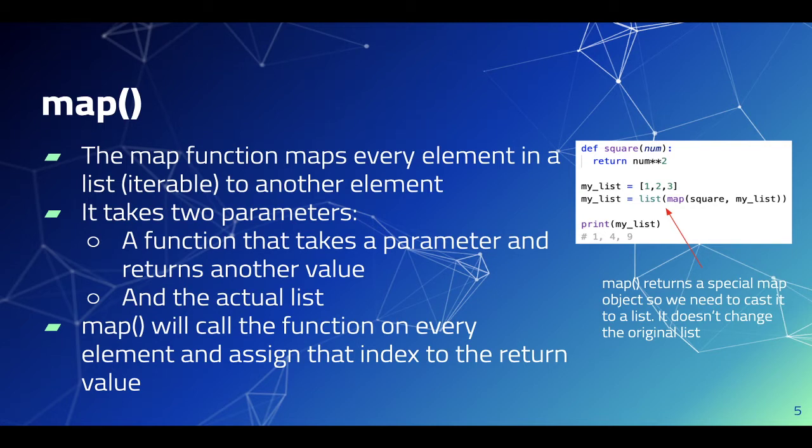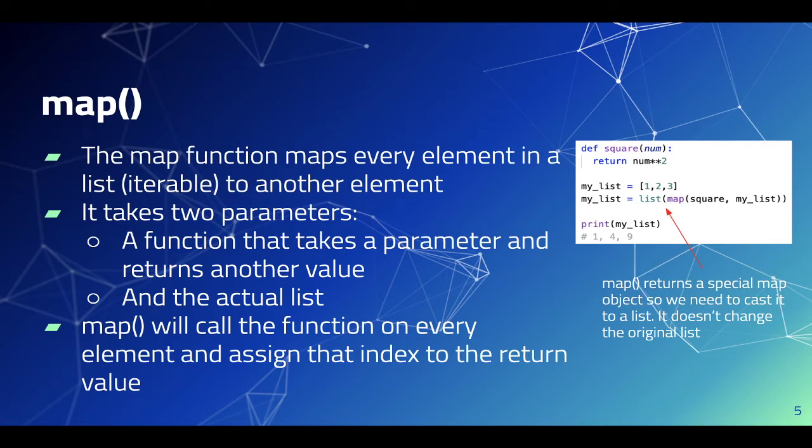When we convert it to a list, it returns a list that contains 1, 4, 9, which is what we want, basically. The list is just converting it from a map object to an actual data type that we can use. But the map function is the special type of function that takes in a function and also takes in an iterable and returns a special map object.